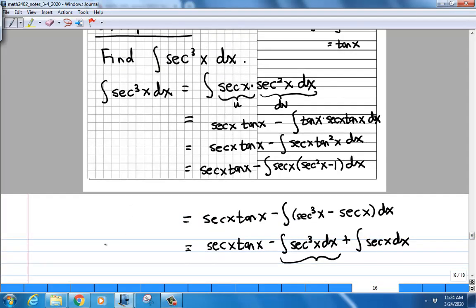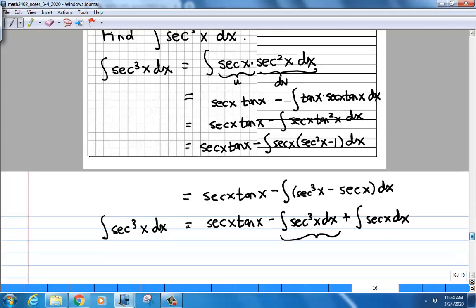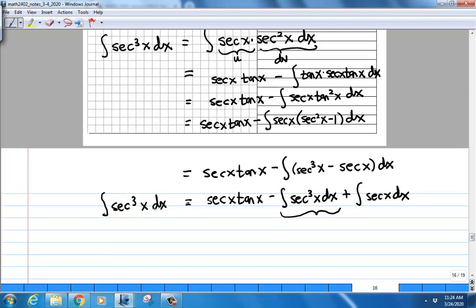All of this was equal to the antiderivative of secant cubed of x. So you have secant cubed of x equals all of these terms, which include minus secant cubed x. Interesting. So notice that in the process of finding the antiderivative of secant cubed of x, the antiderivative of secant cubed of x has recurred here. It's come back again in the problem.